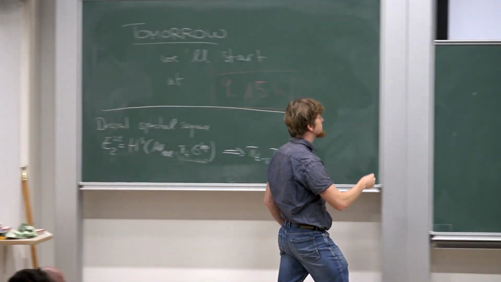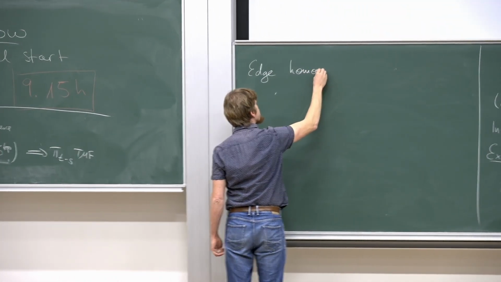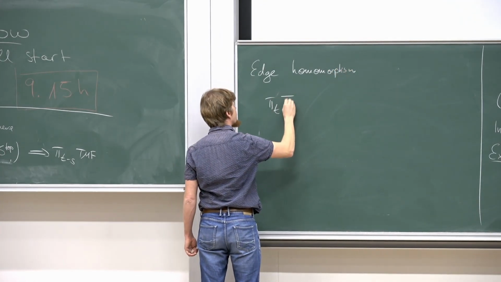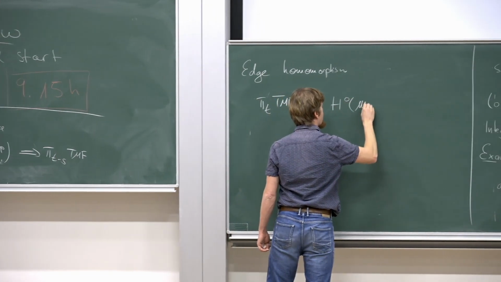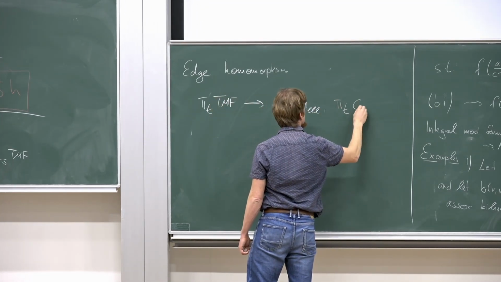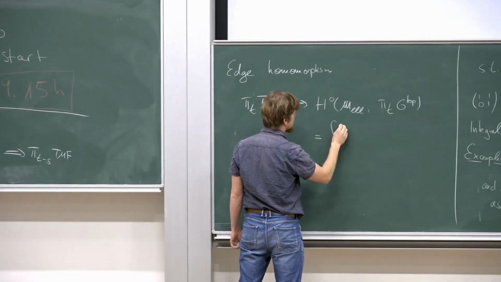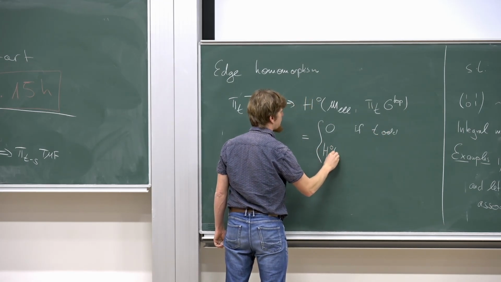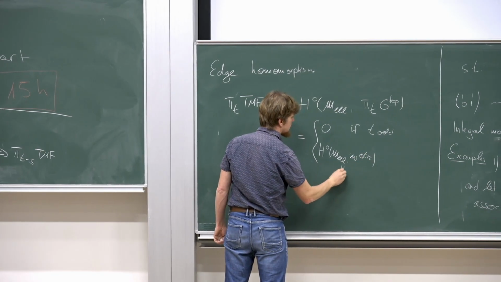So there's an edge homomorphism from pi_t of TMF to H0 of M_L, pi_t of O^top. But this is exactly 0 if t is odd, and it was H0 of M_L, omega to the t half if t is even.